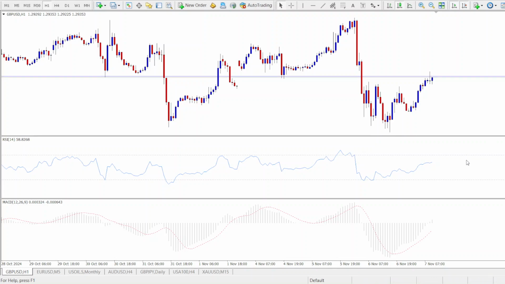Okay, so why should you care about divergence in Forex trading? Well, divergence helps traders to see beyond the price action and understand underlying market strength or weakness. Unlike other strategies that focus only on price, divergence allows you to read between the lines. Okay, this can help you make more informed decisions by showing you when a trend might be losing steam or ready to reverse.